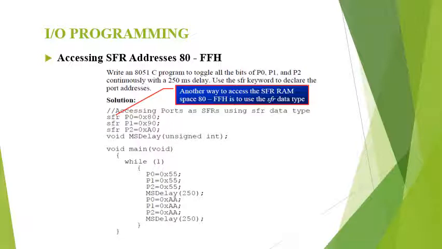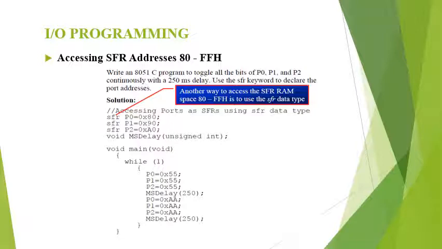And then we have the msdelay function written to introduce the delay. And then in the main function we have the while loop in which we are assigning the value 55H to P0, P1 and P2, and then we are calling the function msdelay to introduce a delay.